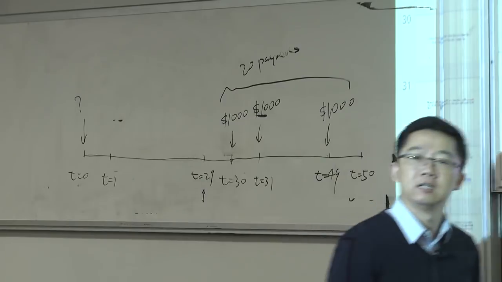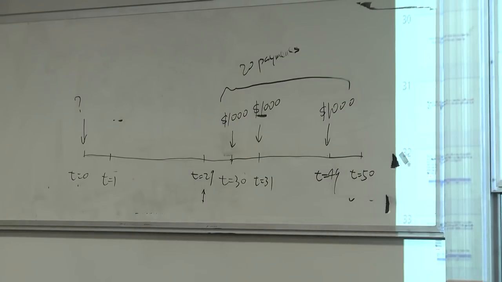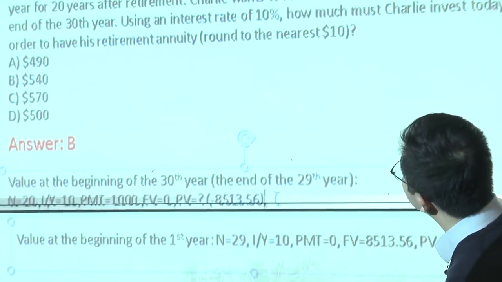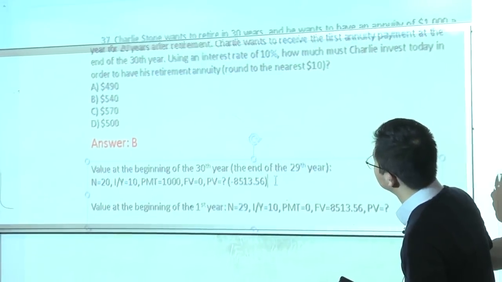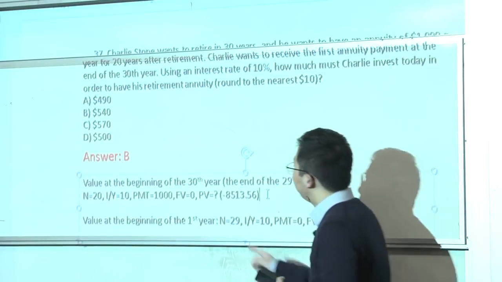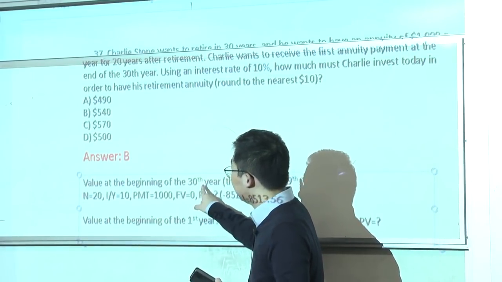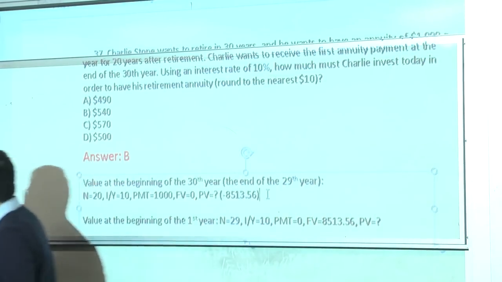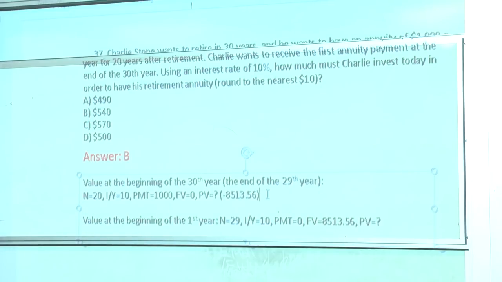We use a financial calculator. Okay. See this? The value at the beginning of the 30th year is t equal to 29, right?